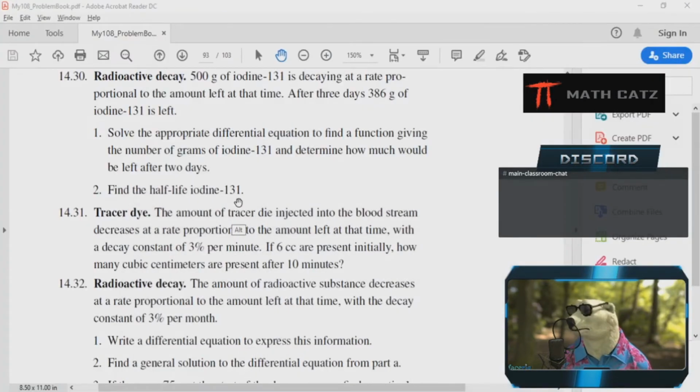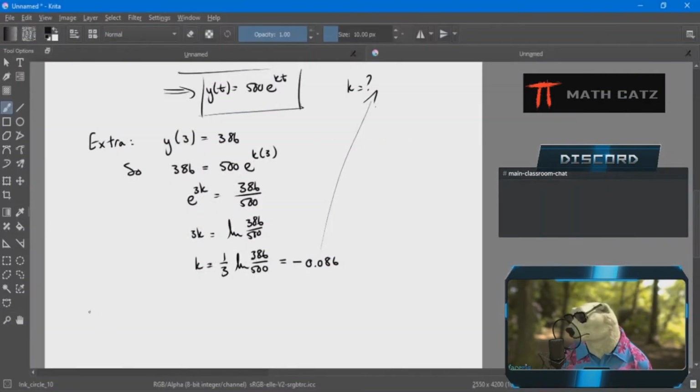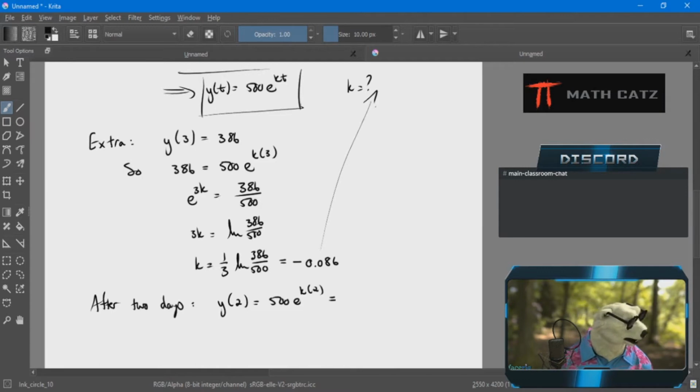Then they ask, determine how much would be left after 2 days. All right. So after 2 days, that is going to be y of 2. I plug it into my function. I have k if I need it. So I can calculate this. Let's do that.